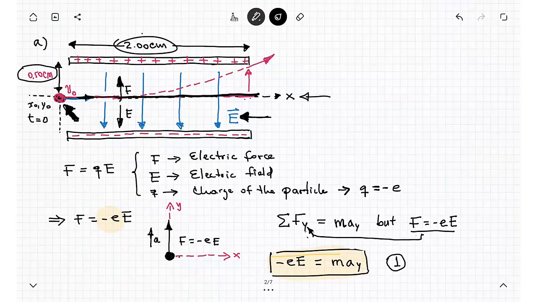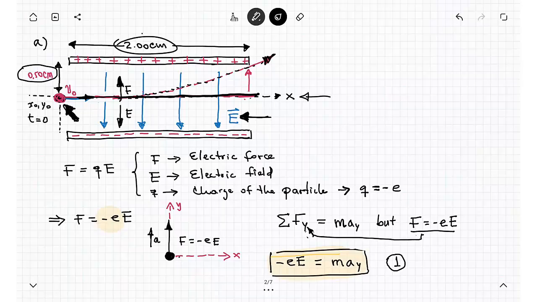But because there is a force, the particle is changing its trajectory over time, and the particle won't do that unless there is a force deflecting its path.